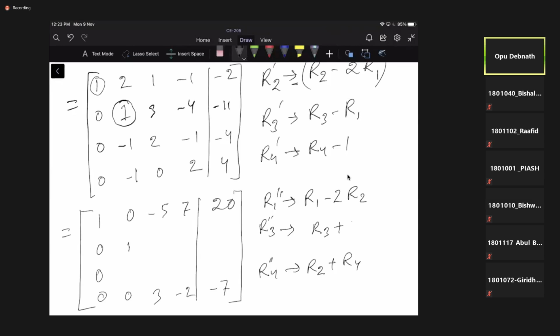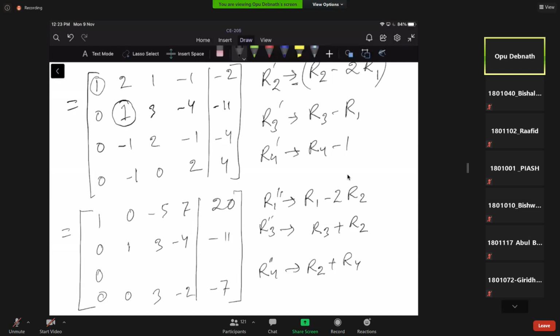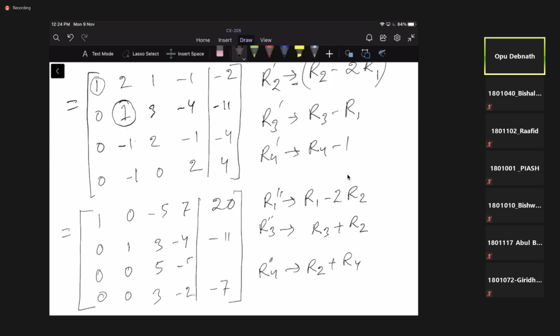It will be R3 plus R2, just summation: 3 minus 4 minus 11. And if we sum R3 and R2, this will give 0, 5, minus 5 and minus 15.